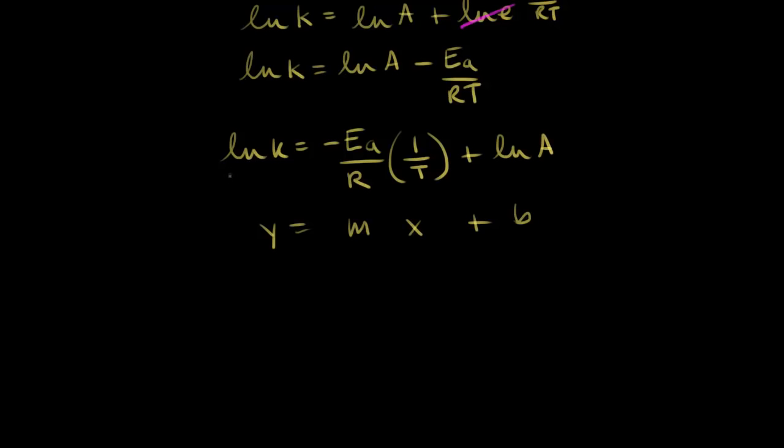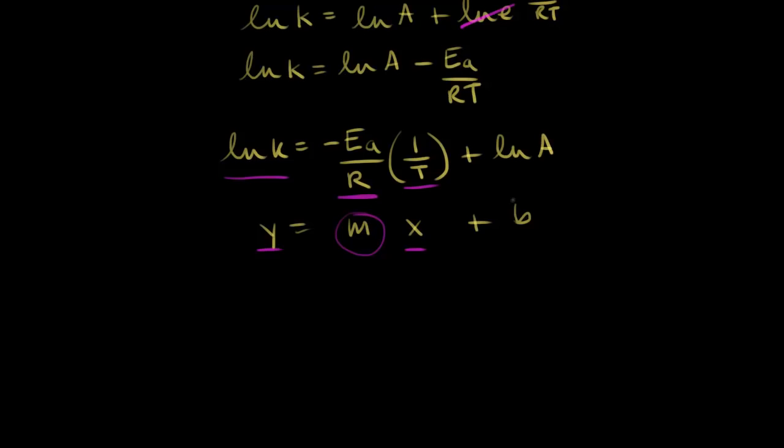So if we graph the natural log of k on the y-axis and 1 over T on the x-axis, we're going to get a straight line, and the slope of that line, which of course is m, is equal to negative EA over R. So we can find the activation energy from the slope of the line.